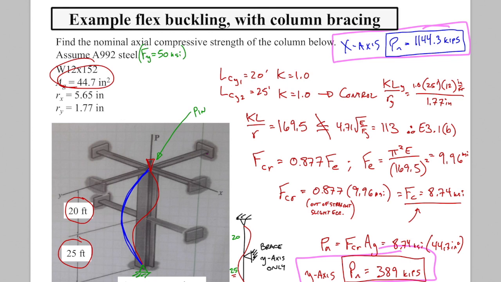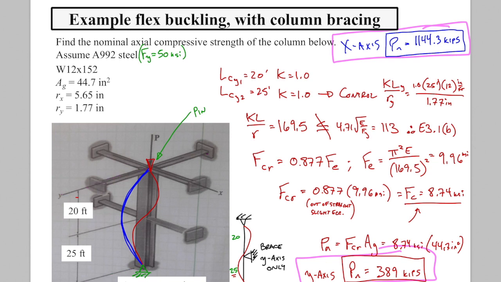Okay, so before I end the video, what we did, remember, we considered two lengths for the y-axis, these two lengths, and we only considered one length for the x, and that's because for the x, the only bracing points or the only boundary conditions were at the very top and at the very bottom.